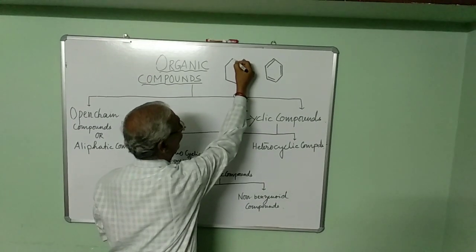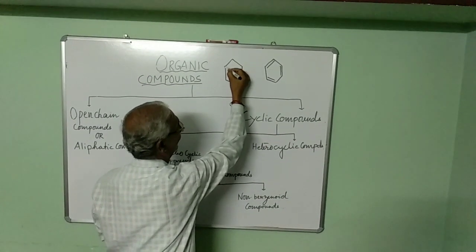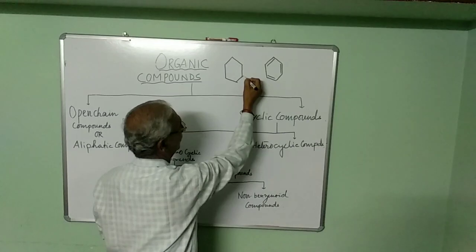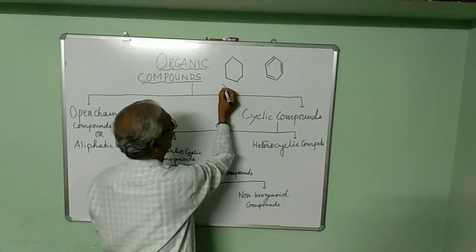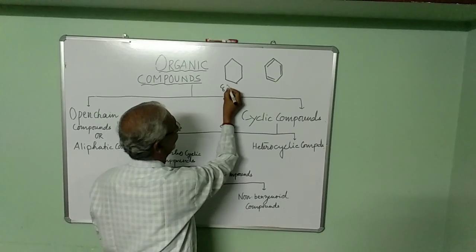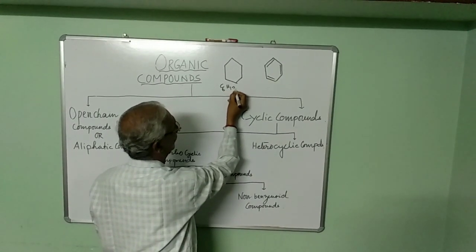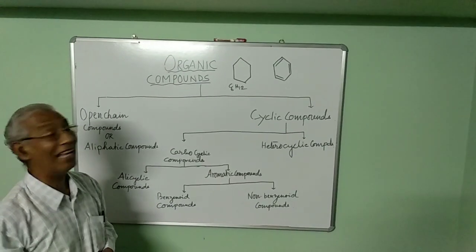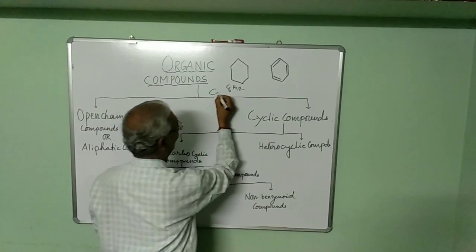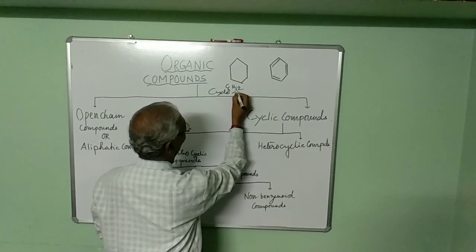So with this carbon, two hydrogens you will get, with this two, with this two, with this two, with this two. It is cyclic. So the formula will be C6H12. The name of this compound will be cyclohexane.